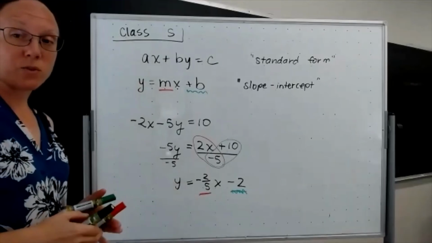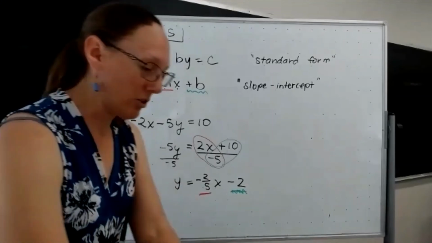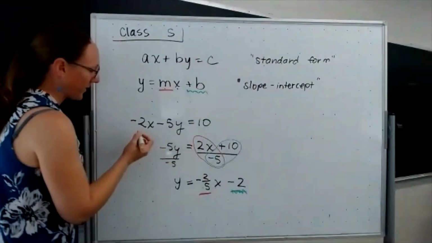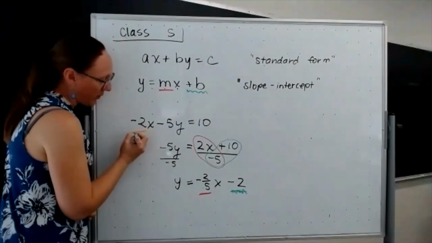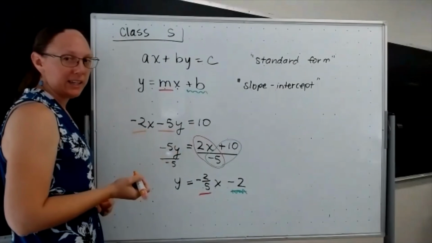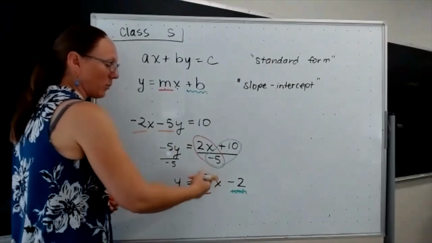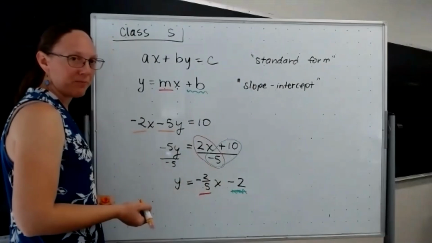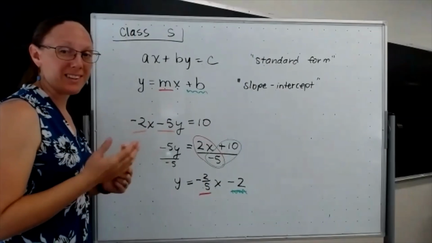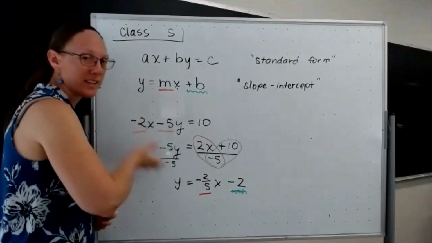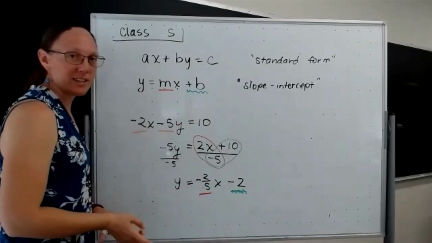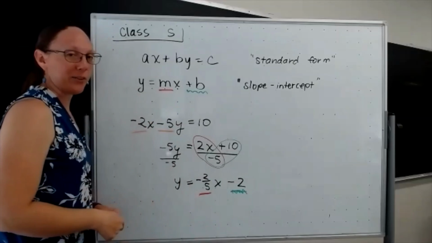Now I just want to pause for a second because if we go back up to the original equation, we can look at the coefficients on x and y to kind of see what the final slope will be. For me, that would just be memorizing another formula that's not worth it because it just takes 30 seconds to a minute to rearrange this, and then you don't have to memorize another thing.